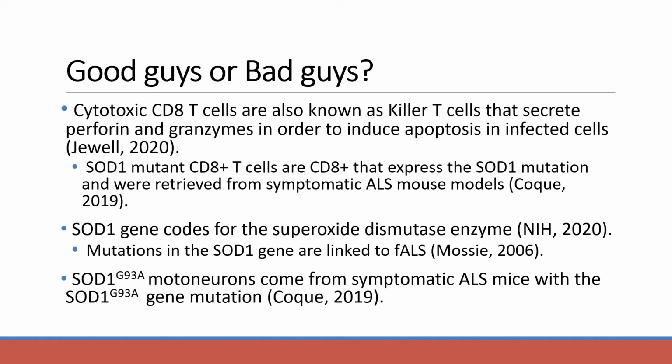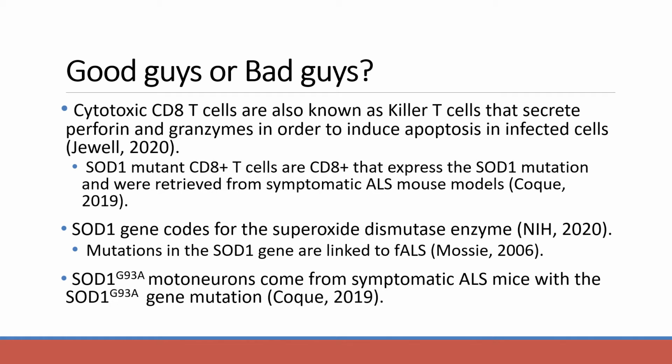The SOD1 gene codes for the superoxide dismutase enzyme, which is really helpful because it breaks down oxide radicals that are naturally formed as byproducts of normal cell function. If we aren't able to break down these radicals, they can cause a lot of damage if they're left unattended. So this enzyme is really important. A mutation in the SOD1 gene means that the enzyme is non-functional or doesn't function correctly.